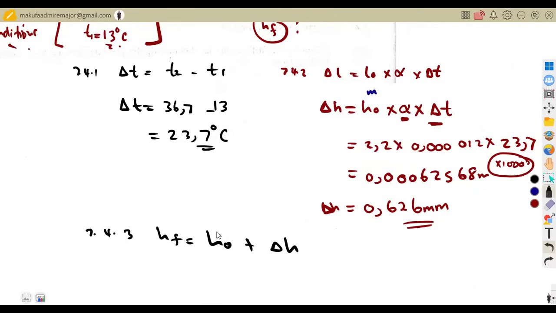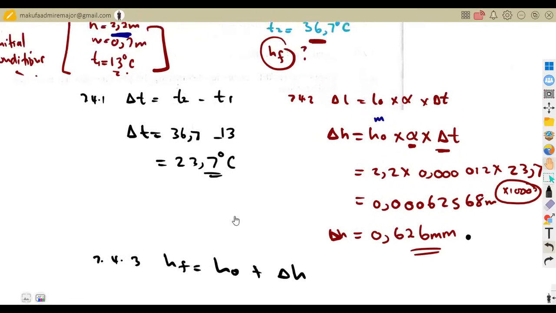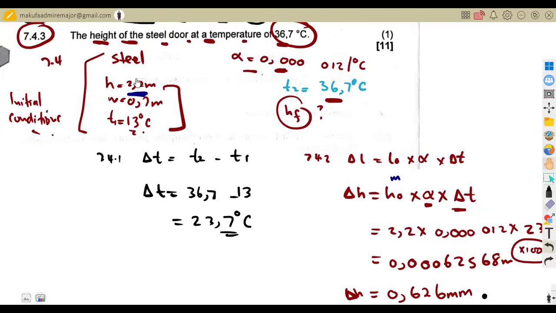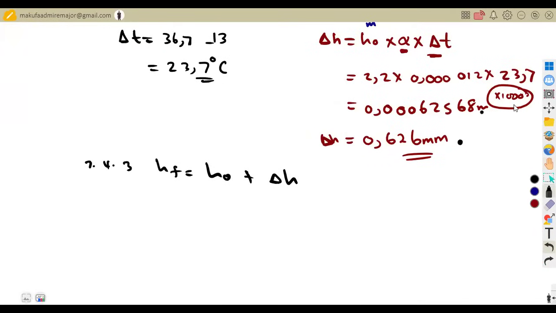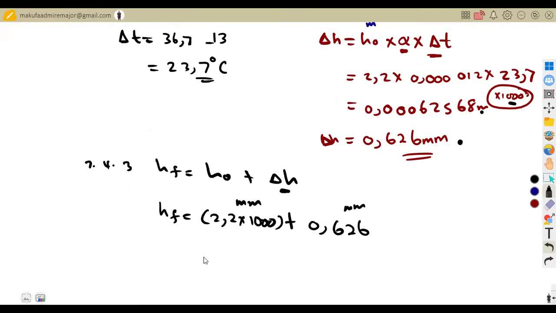So it now depends on the unit of measurement. Are you going to leave your answer in meters or millimeters? If you are using millimeters, we have to convert the original height of 2.2 meters. Remember how we convert meters to millimeters, we multiply by 1,000. So the final height is going to be 2.2 times 1,000 to convert to millimeters, plus the change in height that we already have of 0.626, which is already in millimeters.